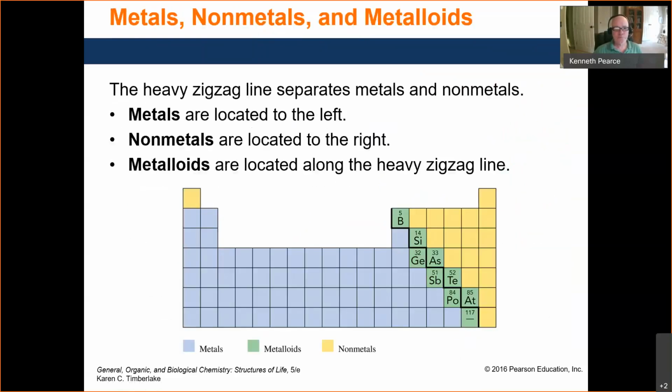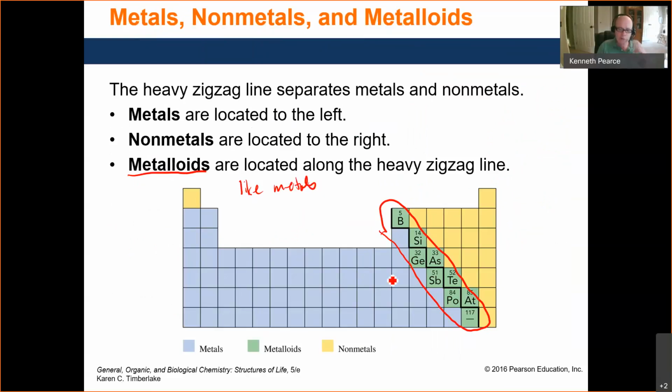All right. And so there's one more aspect, and that's this guy right here. There's a zigzag. A lot of times it is color-coded like it is right here, and we call those metalloids. And they have characteristics that are somewhat like metals, but not very good metals. Okay.